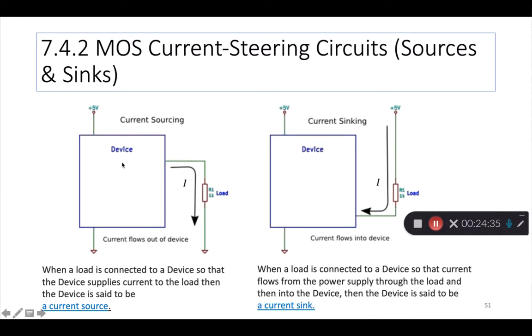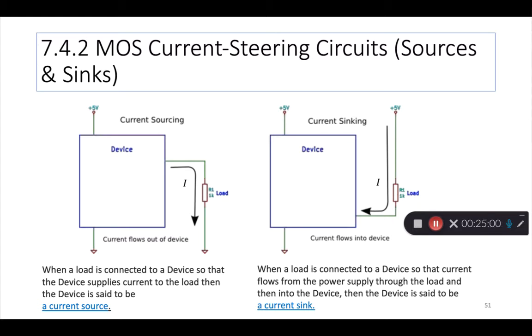Is the blue box a current source or a current sink? That's the question. How can you look at a circuit and say whether something is a source or a sink?